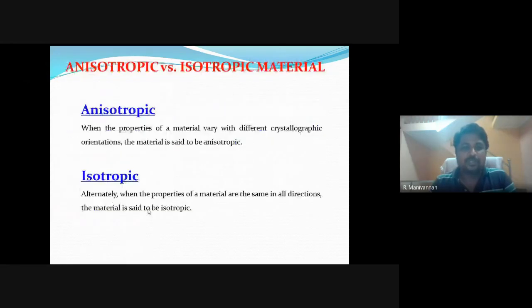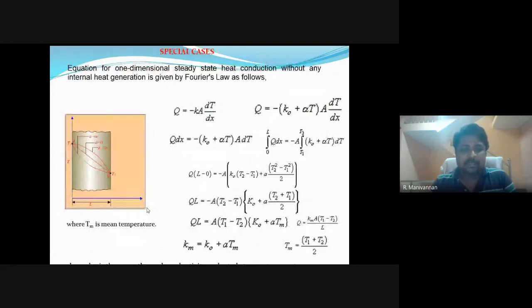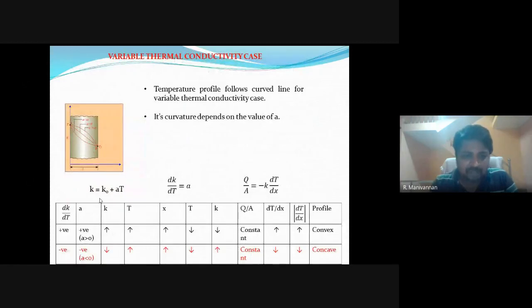Suppose we have a material in which the thermal conductivity is a function of temperature, for example K equals K naught plus A into T, where K naught is the thermal conductivity evaluated at 0°C, and let us take A as dK by dT. In that case, the temperature profile follows a curved line.